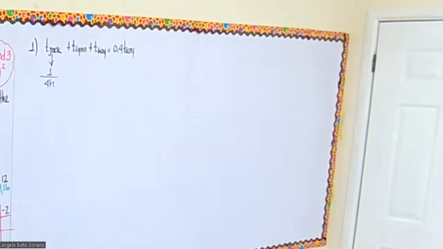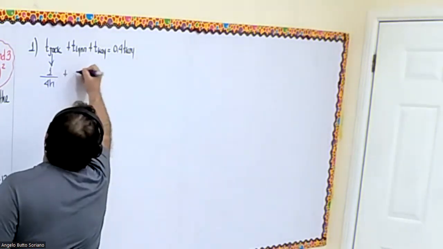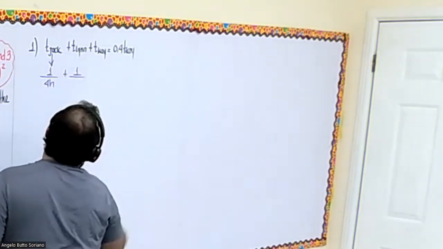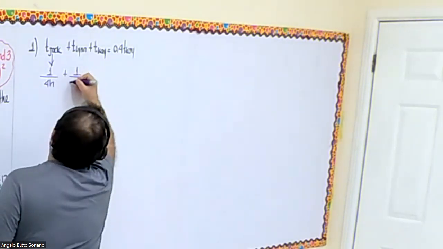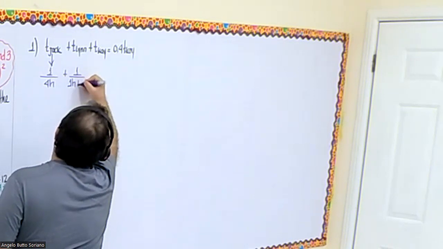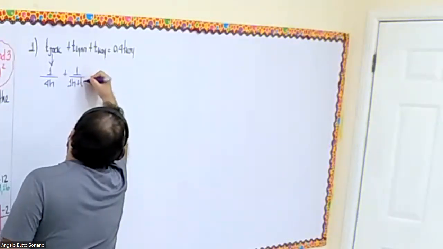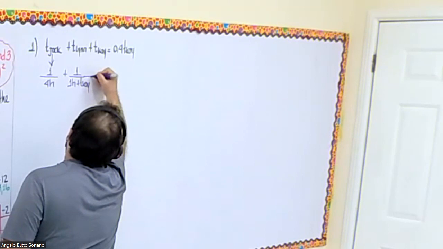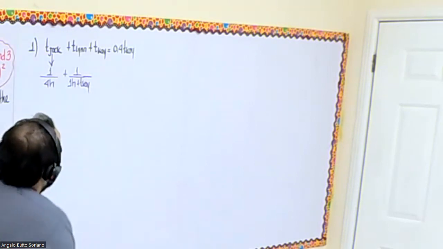This number one represents the task. Okay, he has to deliver the flyers in 4 hours. According to the problem, Lynn will take 1 hour plus the period of time that it will take Kai working alone.